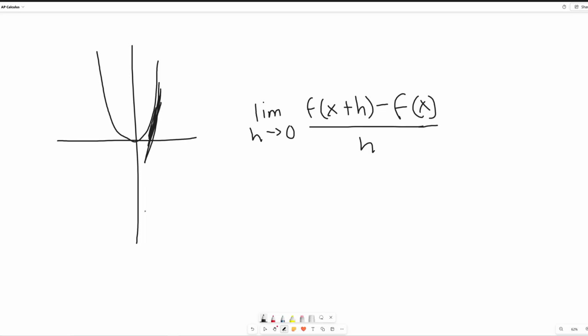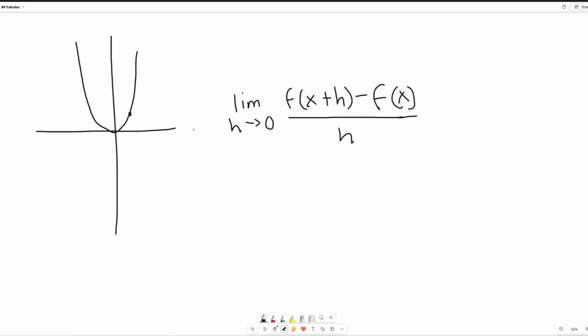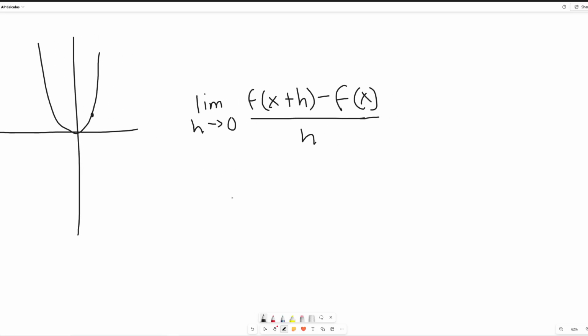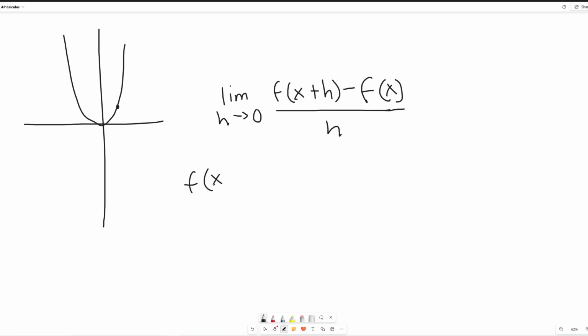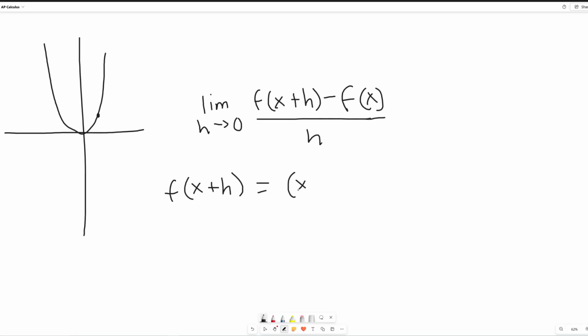So what is this slope at x equals 1? Well, first I should plug in x squared. So f of x plus h of x squared would be x plus h squared. You're plugging this into x squared.